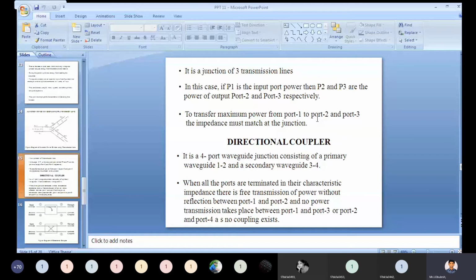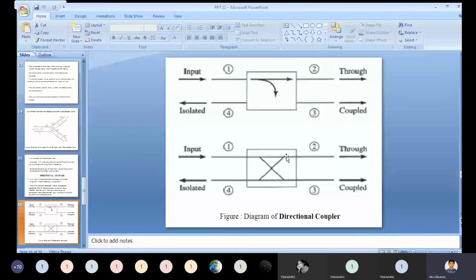The next one is the directional coupler. You need to see the diagram for the directional coupler. This is the diagram for the directional coupler. It is a 4-port. Let us assume how many ports? 4: 1, 2, 3 and 4.